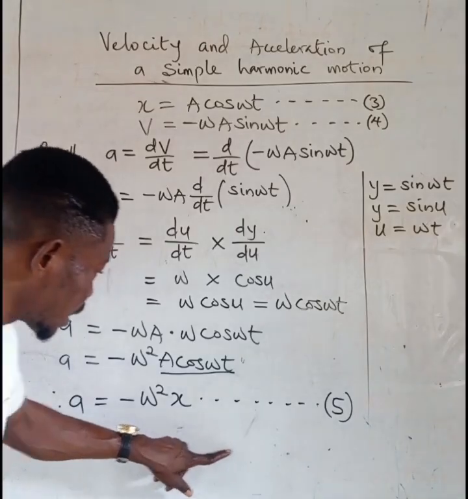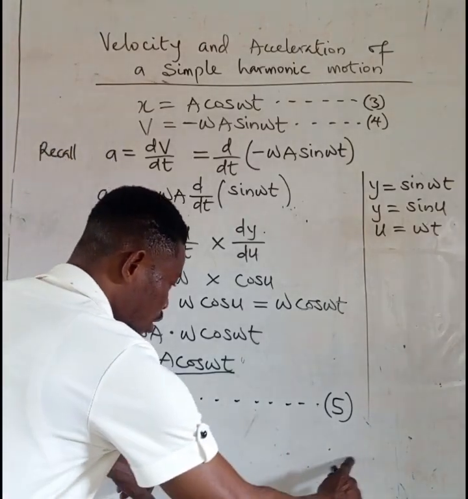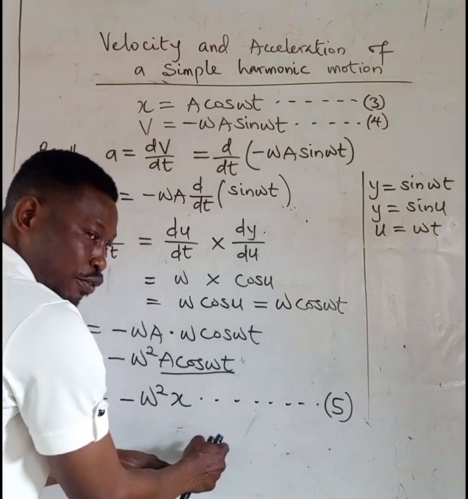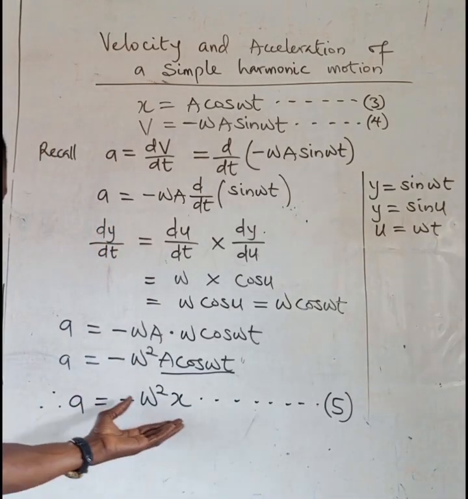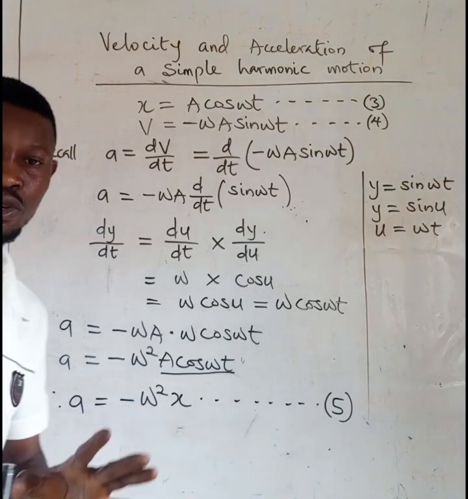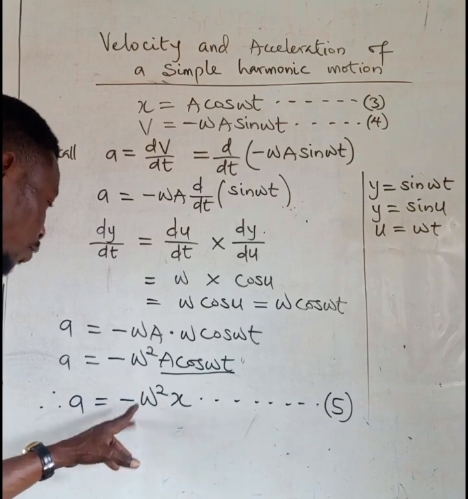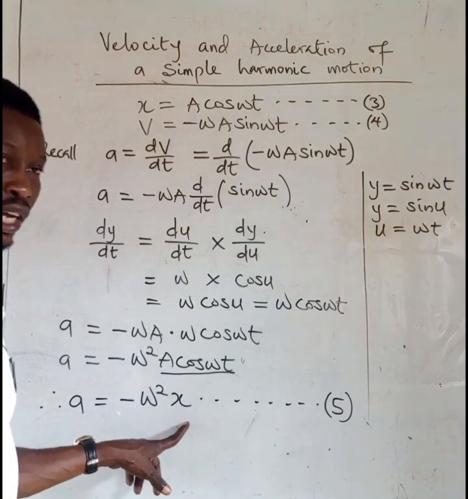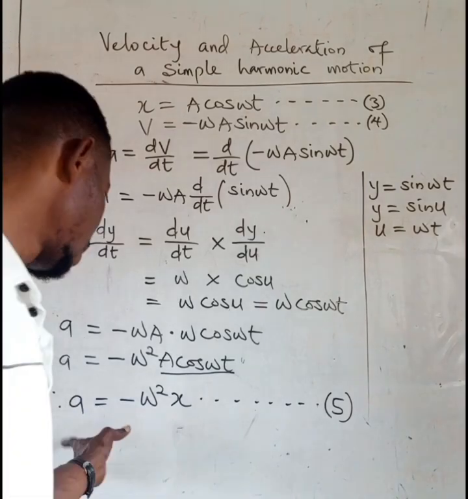While the displacement goes towards the right, acceleration will be going towards the fixed point, and vice versa. So this defines acceleration of a simple harmonic motion perfectly: a is equal to negative omega squared x, where x stands for the displacement.